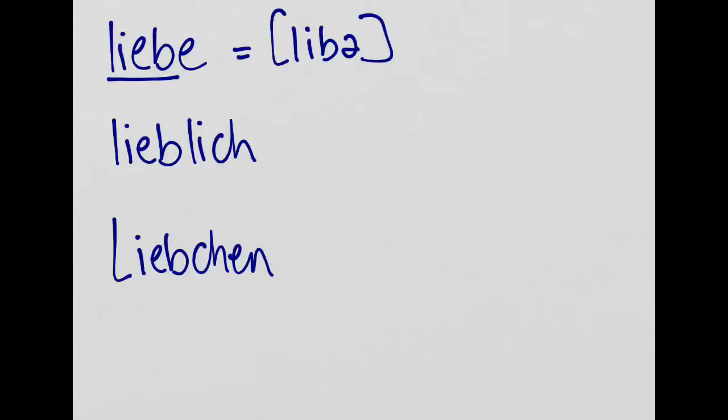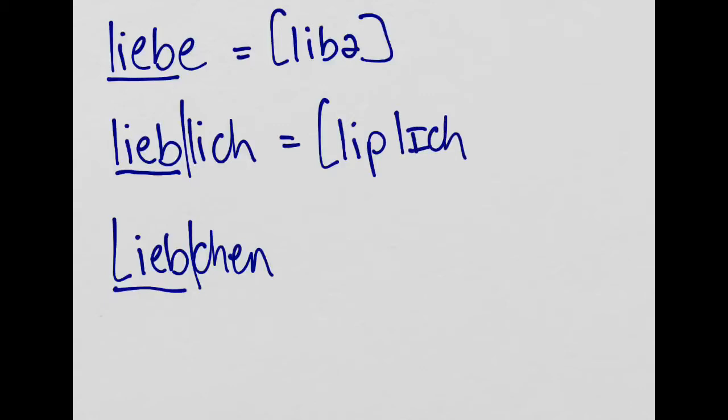And chen means small, or it's the diminutive, so it's kind of a playful word to say my love, my little love. In this case, you see we have the B ending the root before a suffix. So we are going to actually pronounce these B's like they are final in the word. Lieblich and Liebchen.